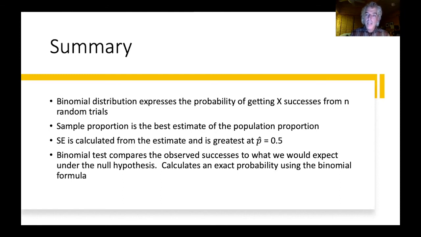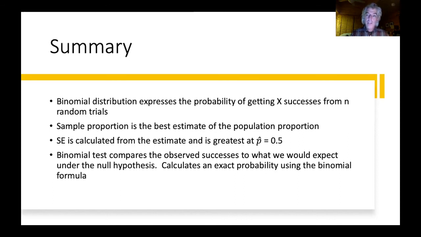We can calculate the precision around our estimated proportion using a standard error that's calculated directly from the proportion estimate and the sample size, where the standard error is the lowest when p hat is close to 0 or 1, and the standard error is highest when p hat is equal to 0.5.